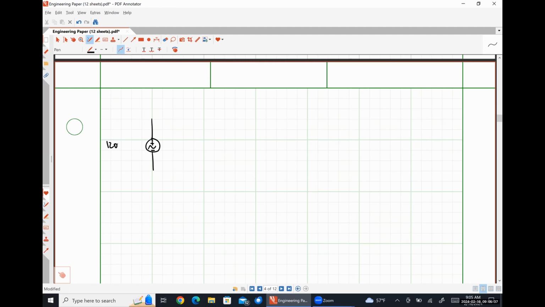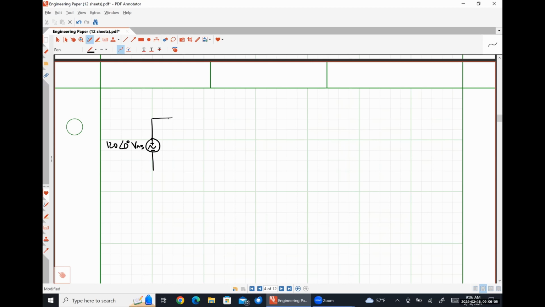So this is going to be a 120 angle 0 degrees volts RMS voltage source, which means we're already dealing with a circuit that is in the RMS phasor domain. So there's no need for us to convert from the frequency domain into the RMS phasor domain. I'm telling you that explicitly because you have homework assignments.